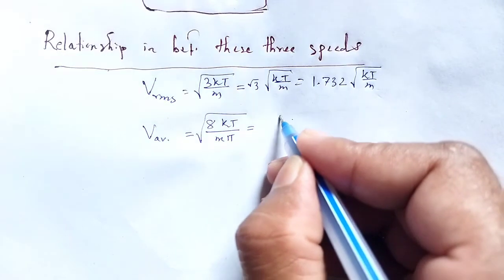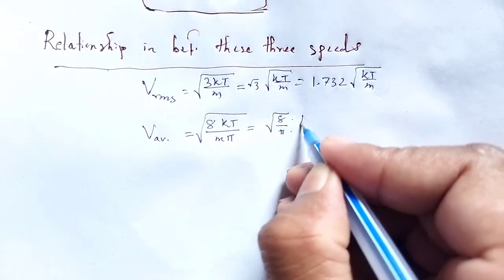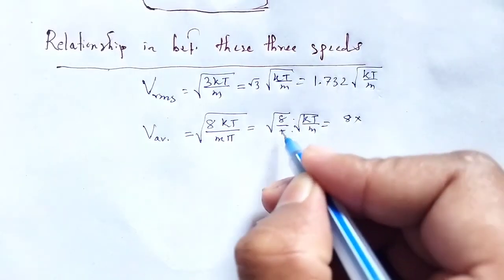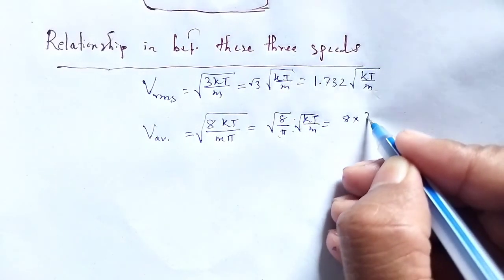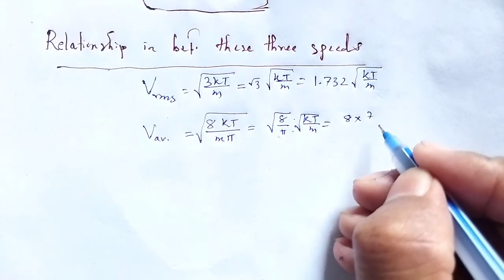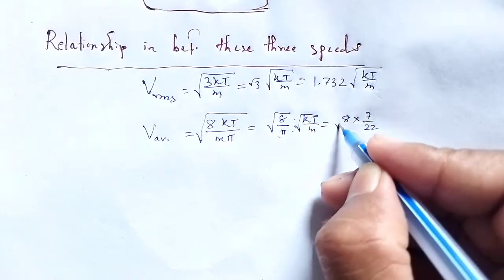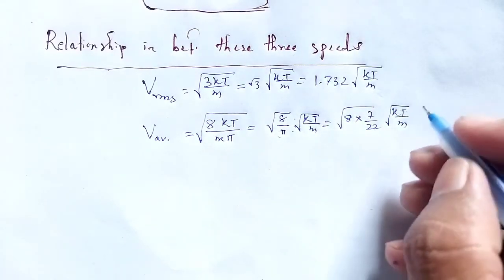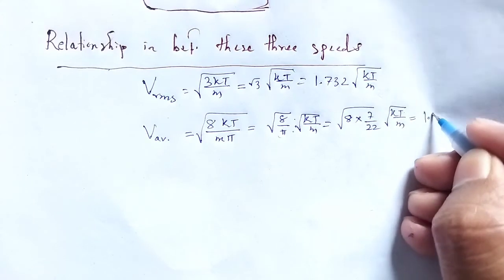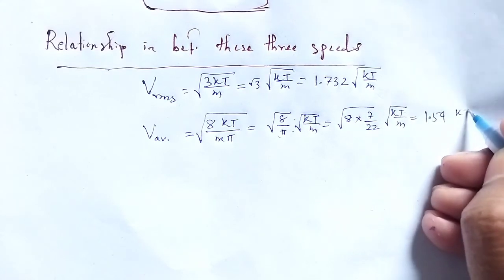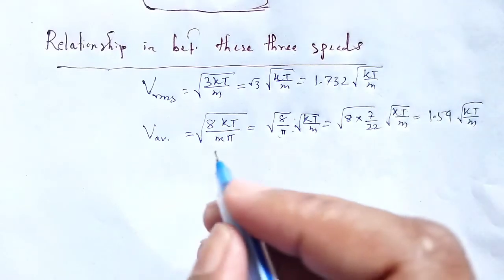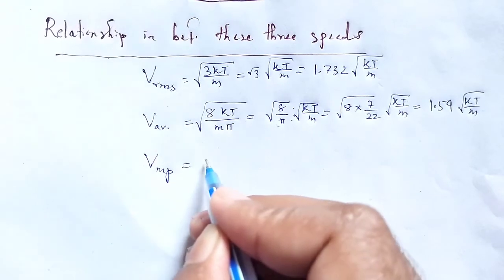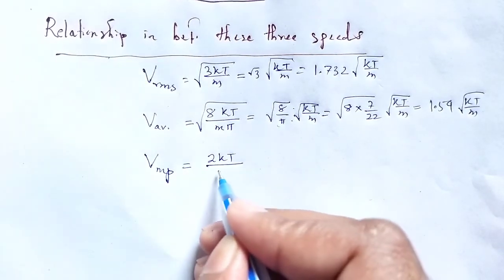So 8 by pi, with pi equal to 22 divided by 7, so 8 into 7 by 22 under root kT by m. Simplifying that one, we get 1.59 square root of kT by m, and v most probable is equal to square root of 2 kT by m.